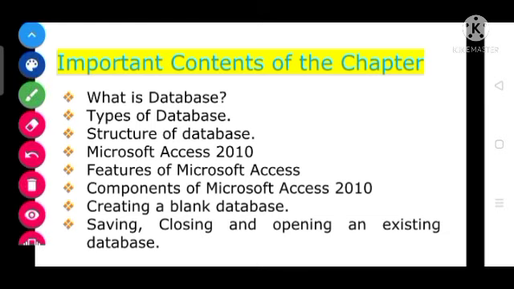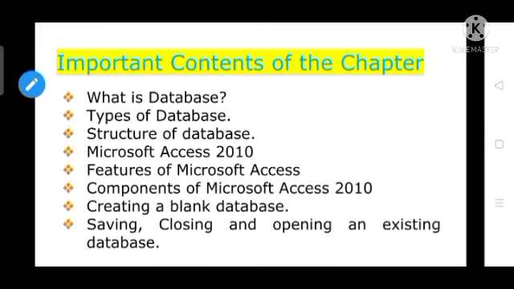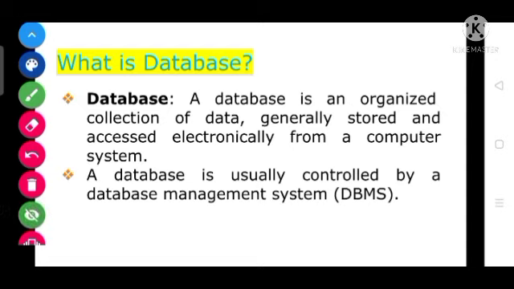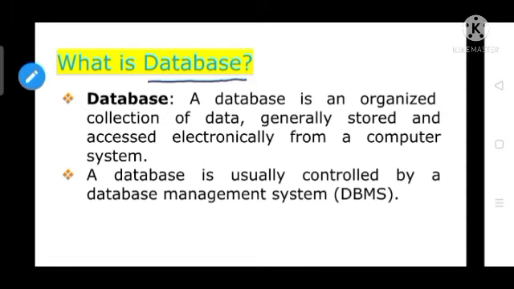Students, now I am going to explain each and every topic one by one. The very first topic is what do you mean by database. A database is an organized collection of data.